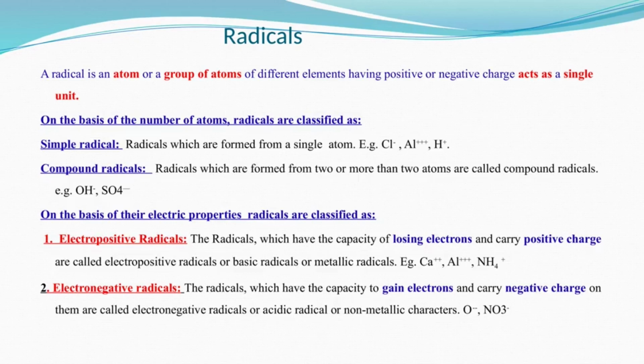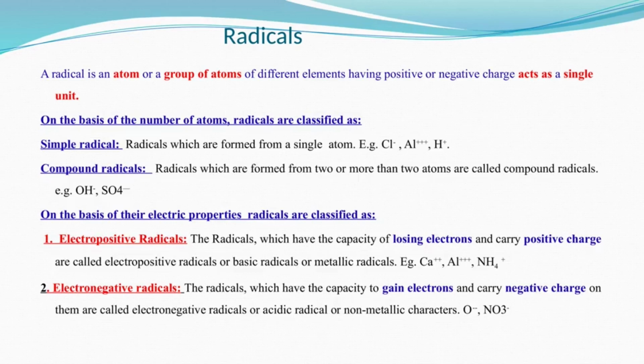When they lose electrons, they will carry positive charge, and those with positive charge are called electropositive radicals, or they can be called basic radicals or metallic radicals. Generally these are metallic in nature, meaning they have a tendency to lose the electron and they are metallic in character. That's why they are also called metallic radicals.